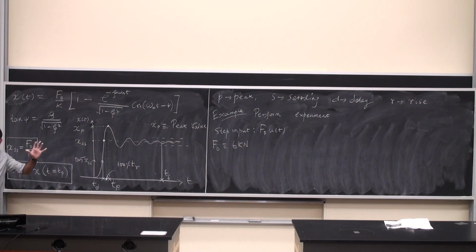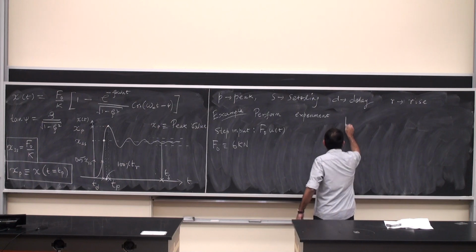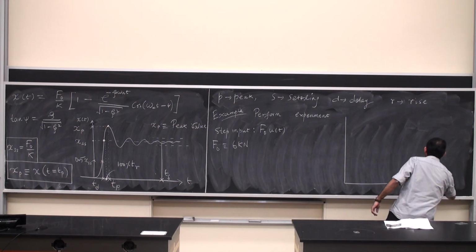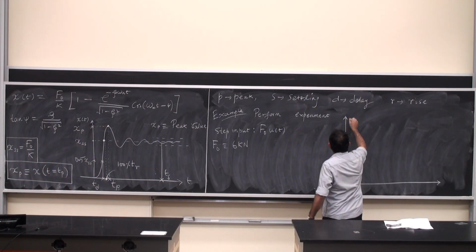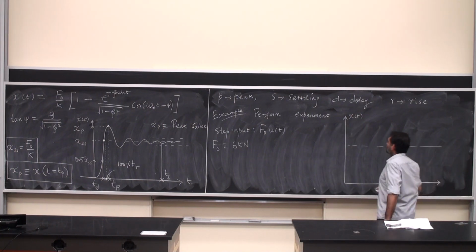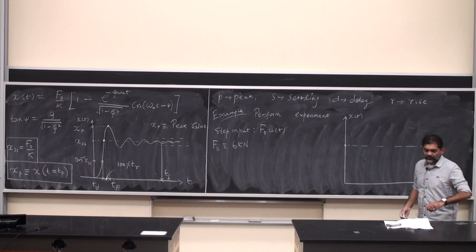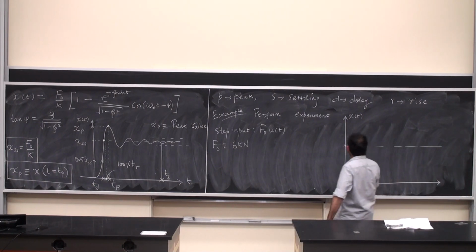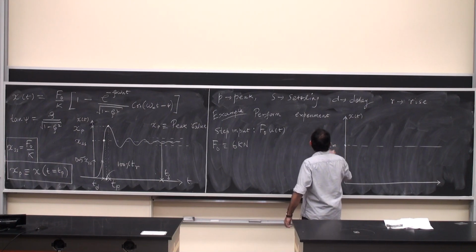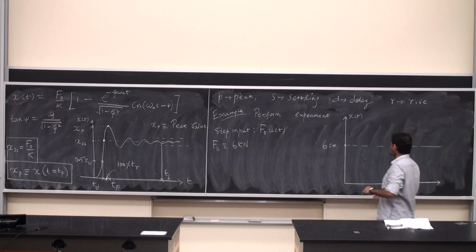This is the magnitude of the step. Here is the plot you obtain. The steady state value of the system, I have these numbers here, is 6 centimeters. The system response is shown here.